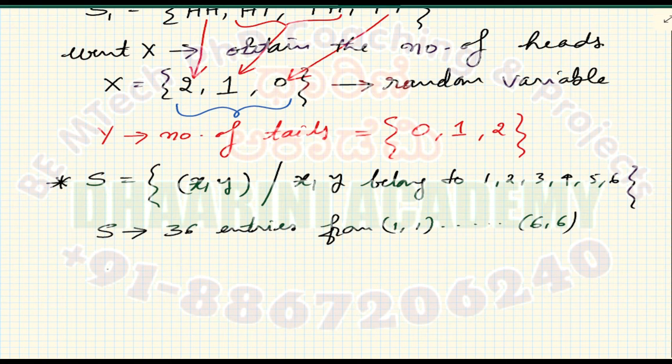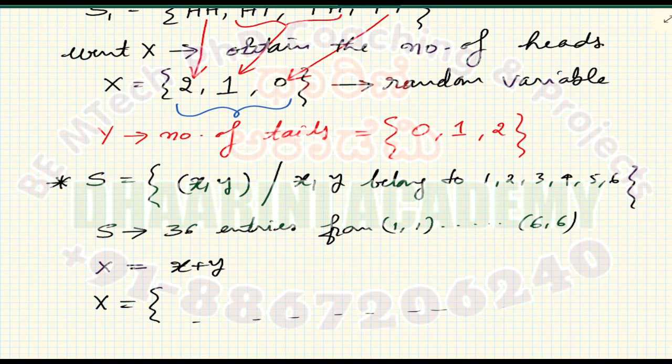So let me define X equal to small x plus y. If capital X is a random variable which is nothing but small x plus small y, can you give me the values now to fill this?